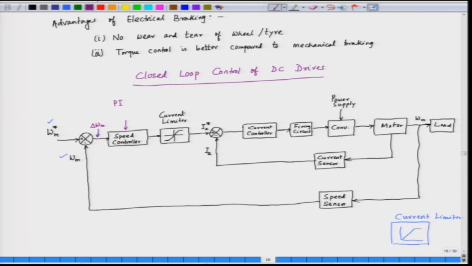To prevent the output reaching a very high value, we have the current limiter. The current limiter limits the value of the current to a positive limit and also to a maximum negative limit, so the current is well within the capability of the motor.